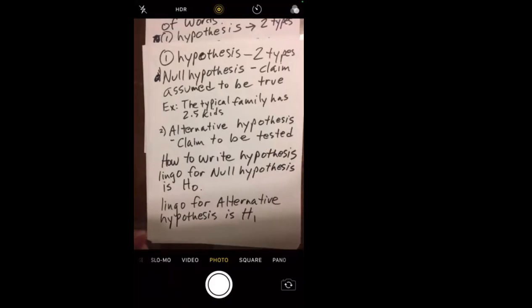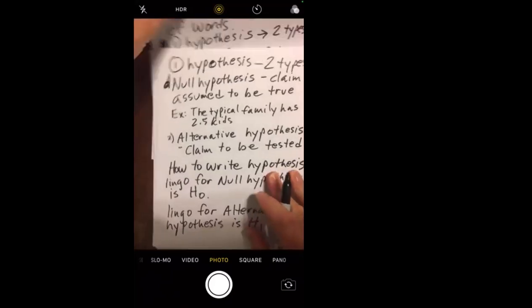I might as well just pick the examples right out of the homework in the book. That'll be the easiest thing to do.